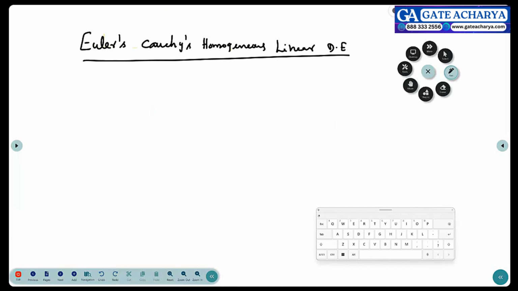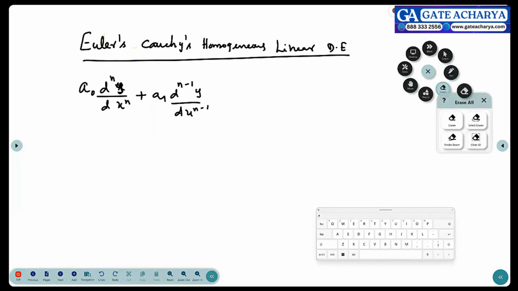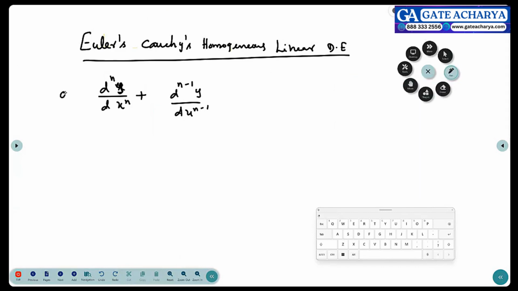So the general form of this one is a naught x power n d power n y by dx power n plus a1 x power n minus 1 d power n minus 1 y by dx power n minus 1 plus a2 x power n minus 2 d power n minus 2 y by dx power n minus 2 plus so on, up to an y, is equal to some capital X. The right hand side is some function of x.